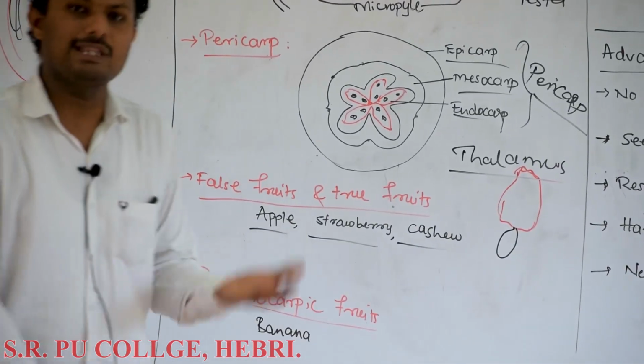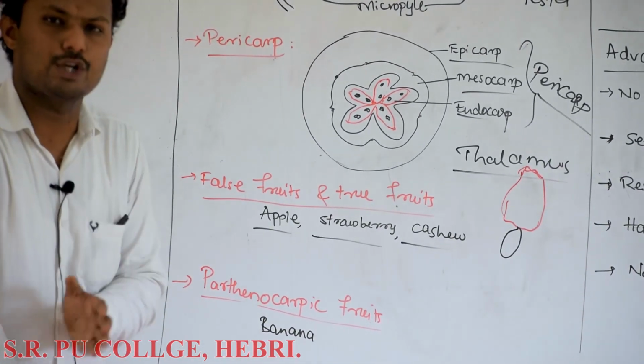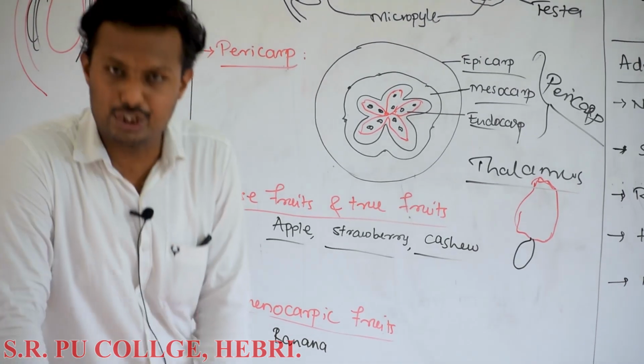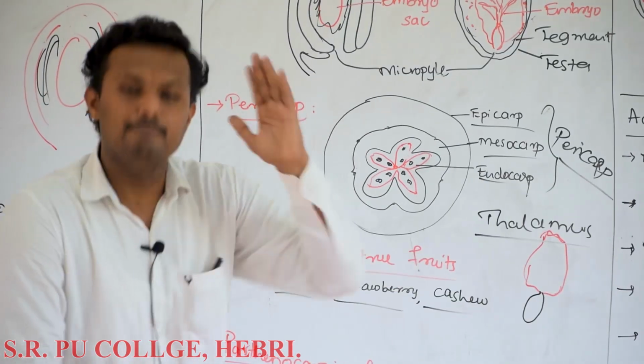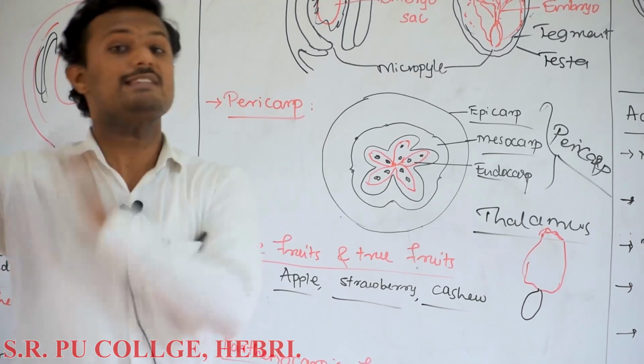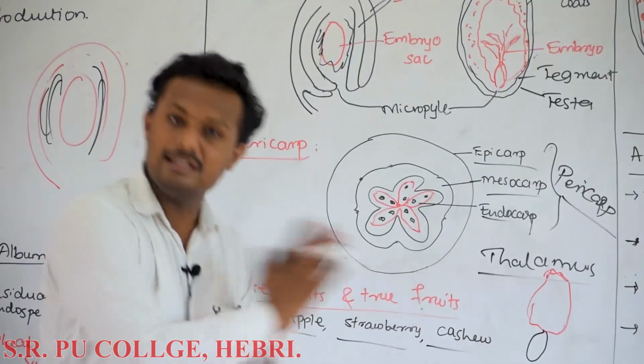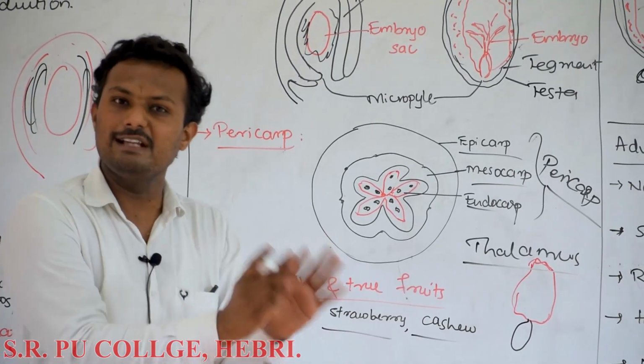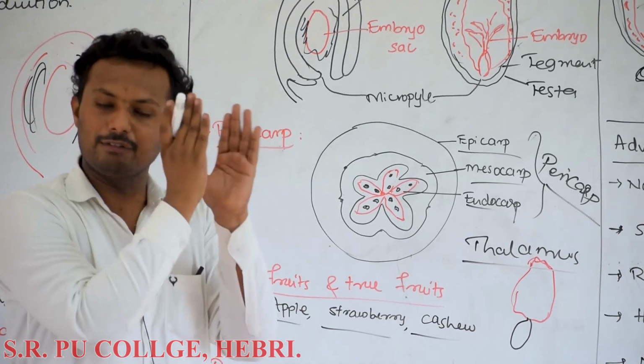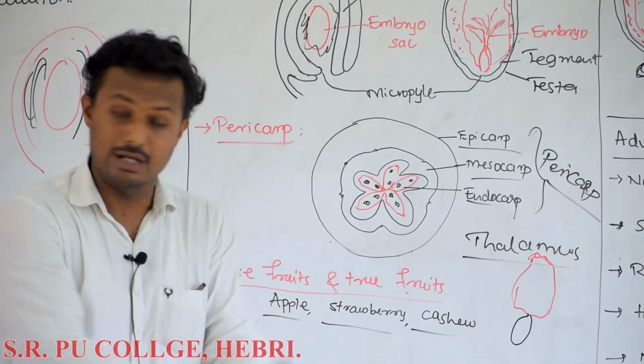Parthenocarpy is a technique of production of fruits without fertilization. Be very clear and not get confused: parthenogenesis is different, parthenocarpy is different. Parthenocarpy is related to plants, the development of fruits in plants without fertilization.